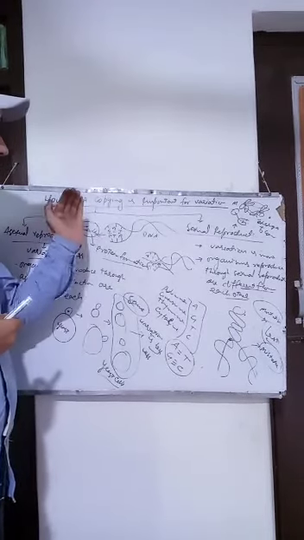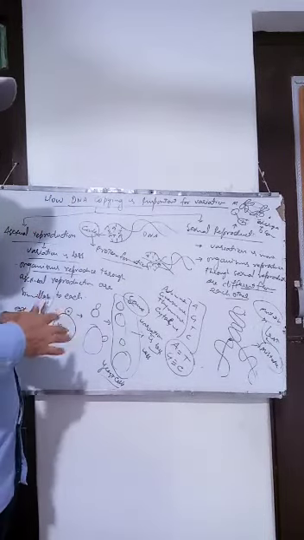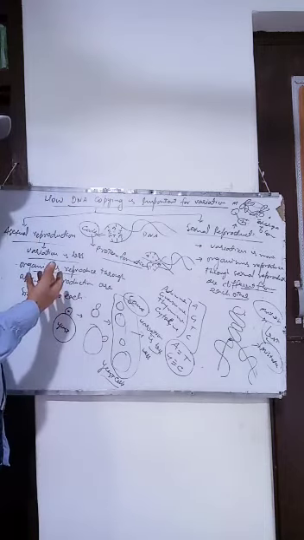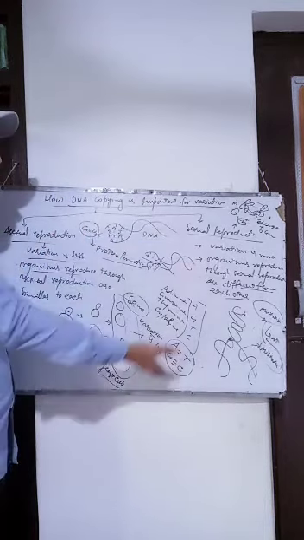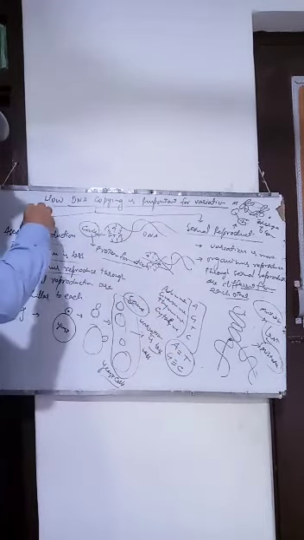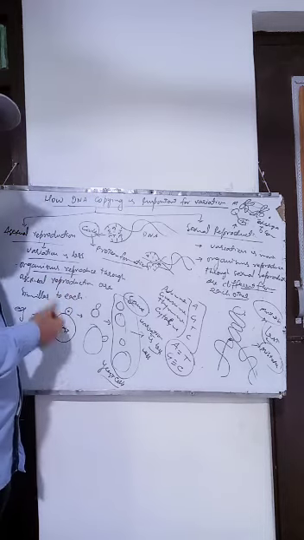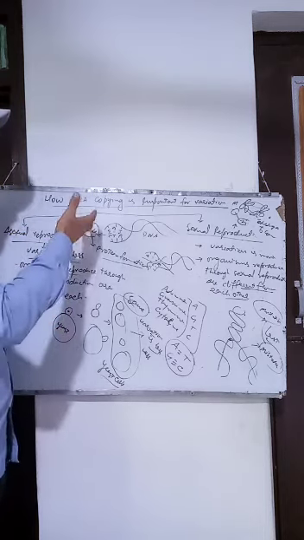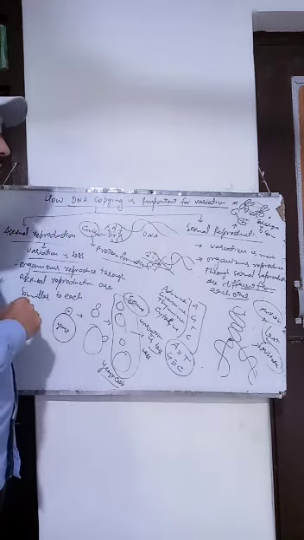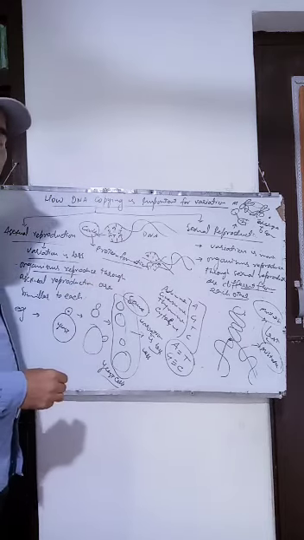In your textbook there is a question on how sexual reproduction has the advantage over asexual reproduction, or how variation occurs in living organisms. I hope that you have understood how DNA copying is important for this variation in living organisms.